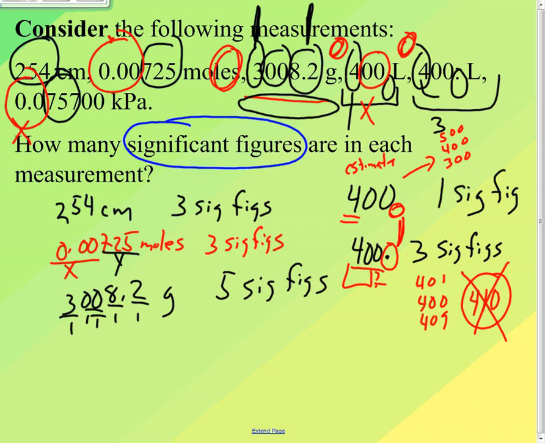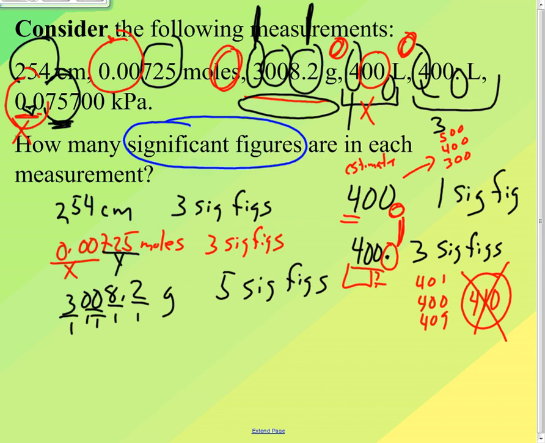Okay, the last one here. I think we can answer this, right? We have zeros at the beginning of a number. They are not significant. We have non-zeros. They are significant. I have a decimal point right here.